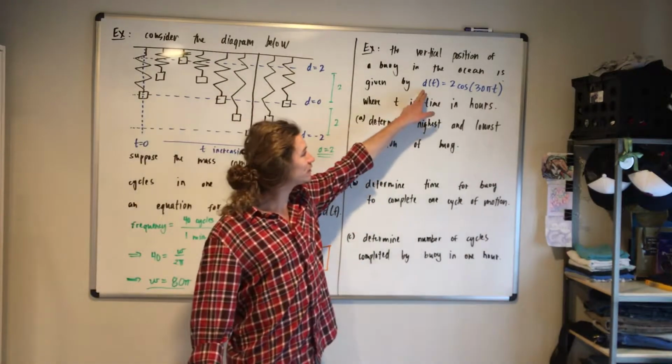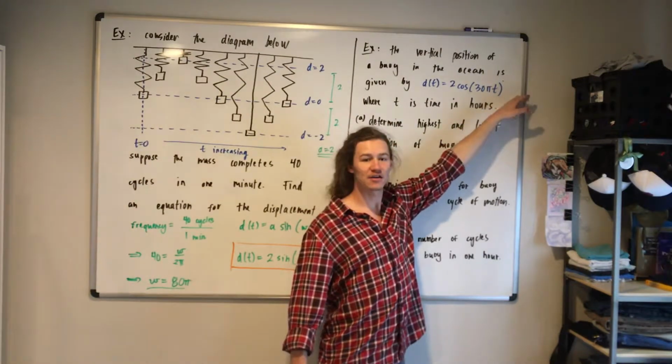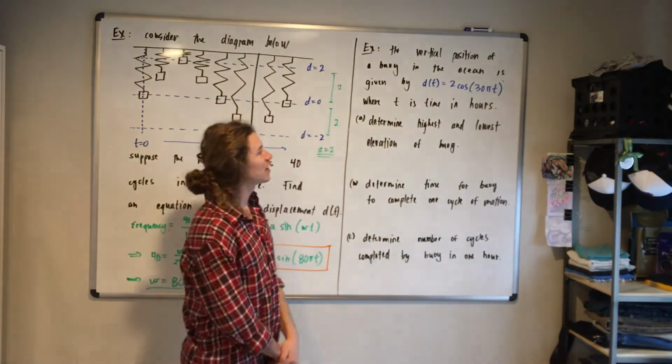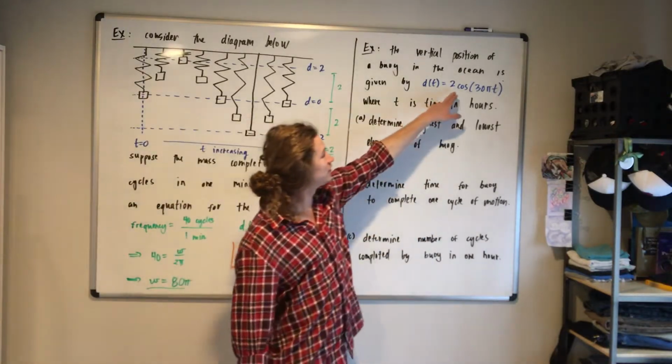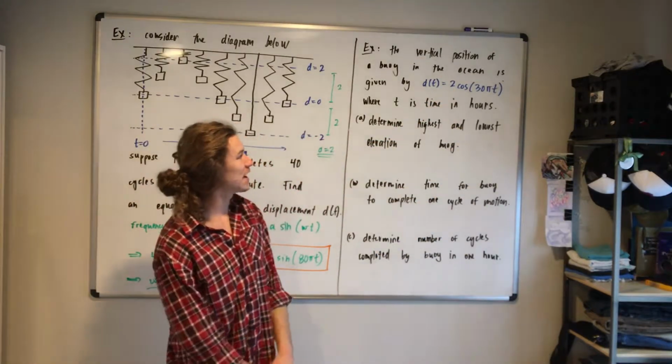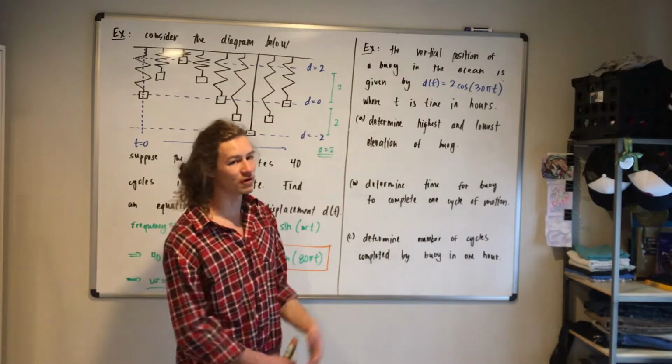The equilibrium position for this d of t, because we have no plus k or vertical shift up or down for d of t, is 0, and its amplitude is its maximum and minimum displacement from 0, so that would be 2 above 0 or 2 below 0.